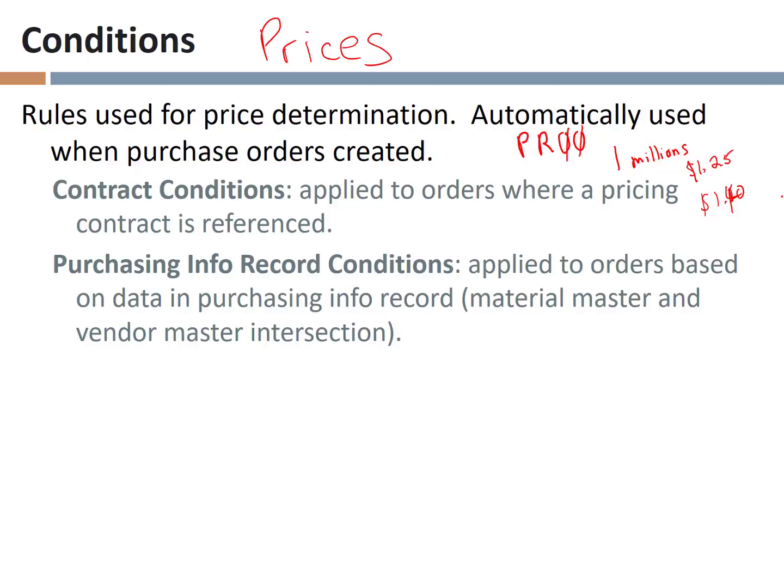Purchasing information record conditions. We just talked about purchasing information records a few moments ago. This applies to orders based on data in the purchasing information records. Let's say, for example, that a given supplier tells us, and this is very common, we have different schedules for our customers. If you buy up to X dollars from us in a given year, you're a Schedule A customer.